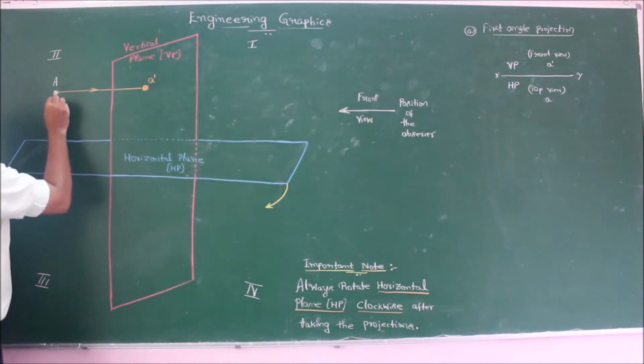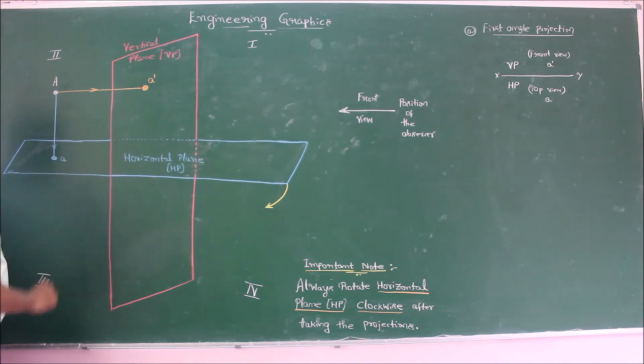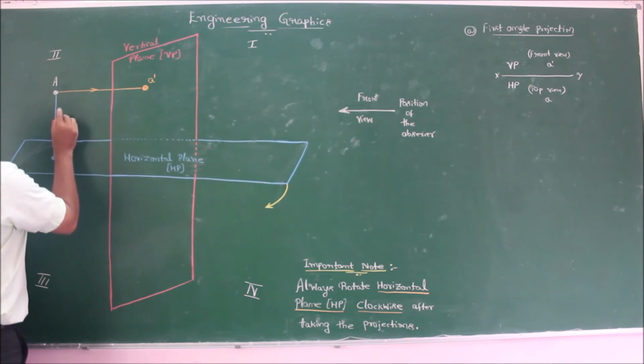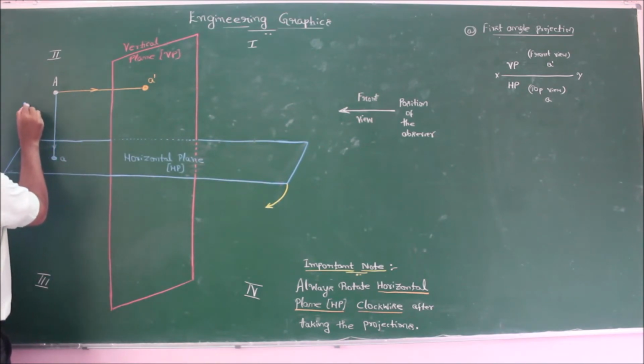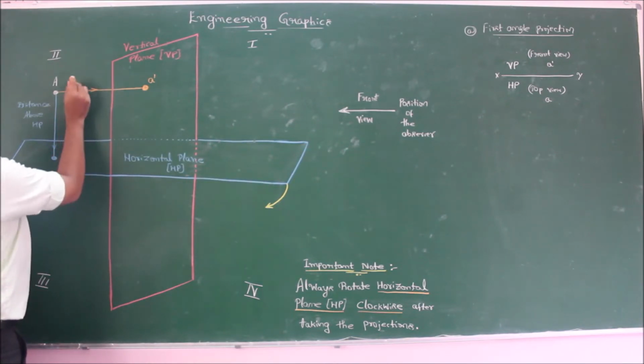The observer will take the projection onto the horizontal plane, which gives us the top view, denoted by A. So this represents the distance of the point above HP, and this represents the distance in front of VP.